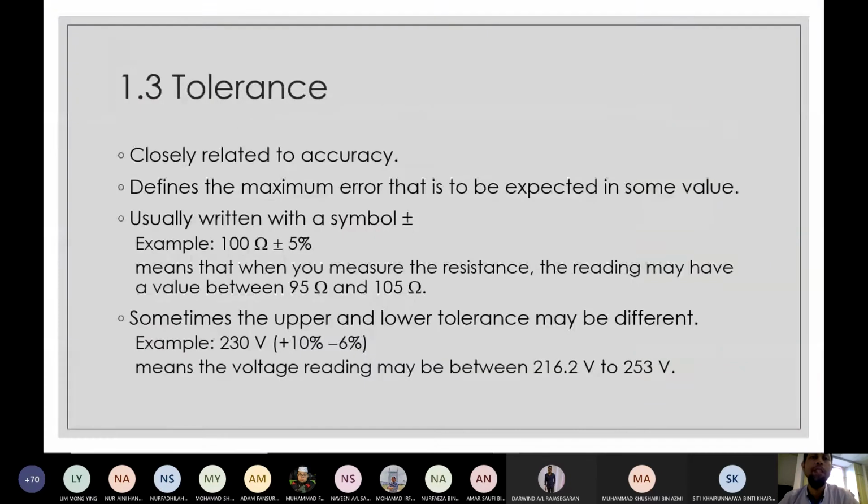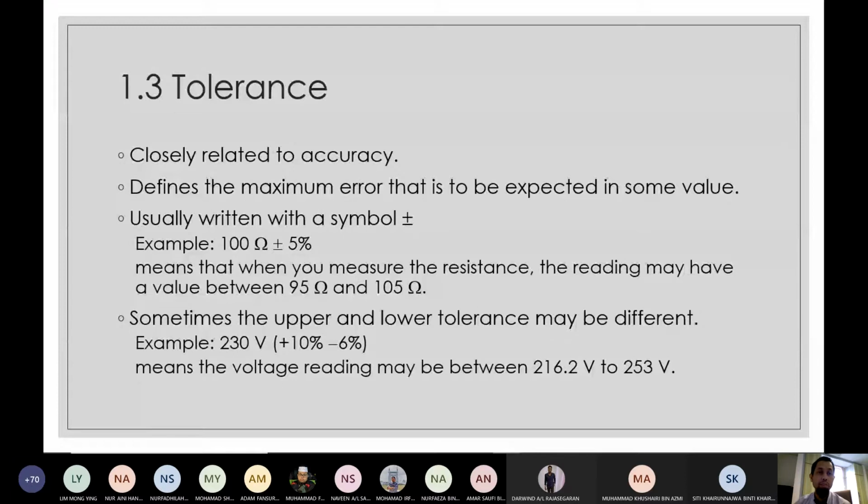Okay, coming back. So we have tolerance. This is the third item for static characteristics. So we have accuracy, precision, and now tolerance. Tolerance basically gives you roughly the range, or the expected level of accuracy for your reading.